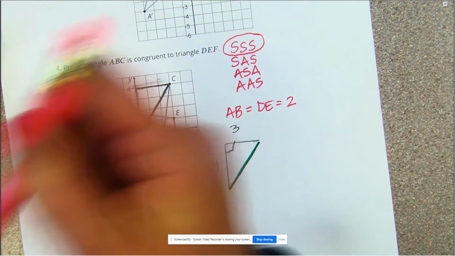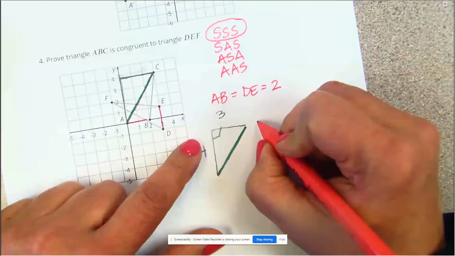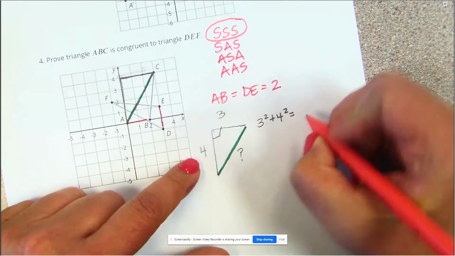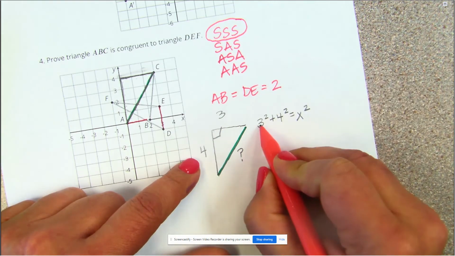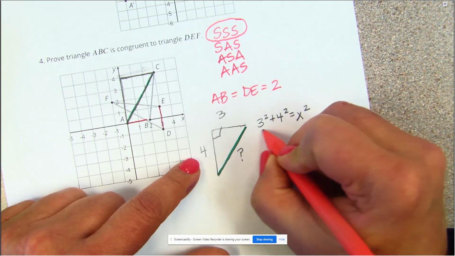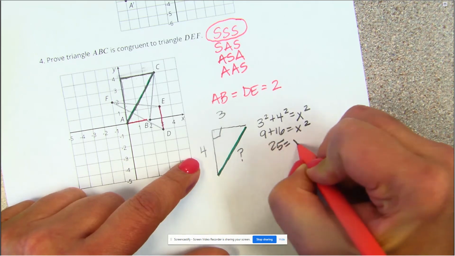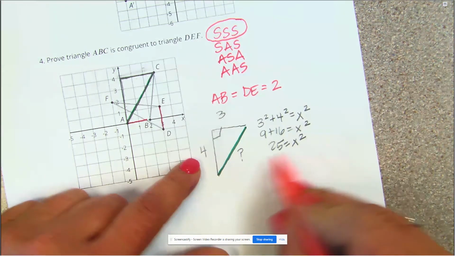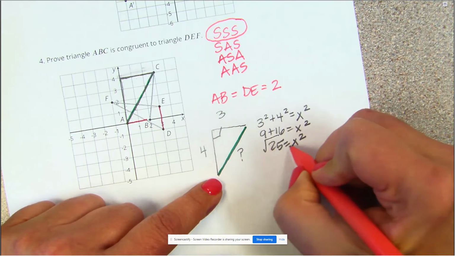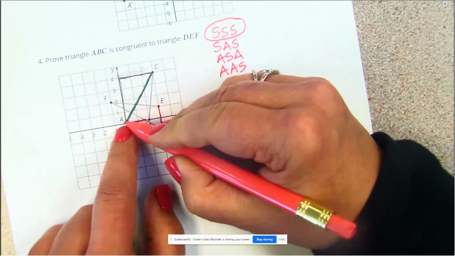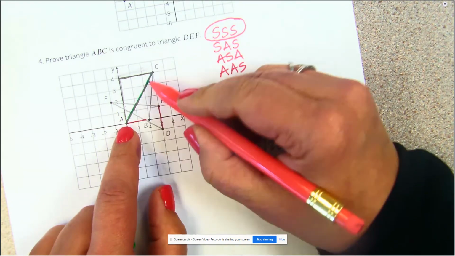So let's go ahead and do Pythagorean theorem. So that would be 3 squared plus 4 squared equals, I don't know, squared. That's 9, and that's 16. 25. That's what the side squared is, so I take the square root. So that missing side is 5. So this green line is 5, which is AC.